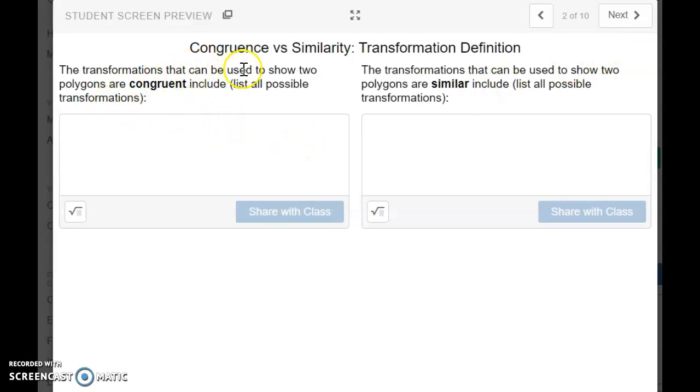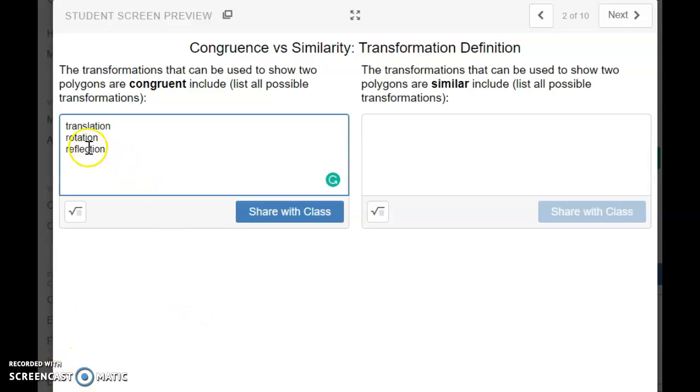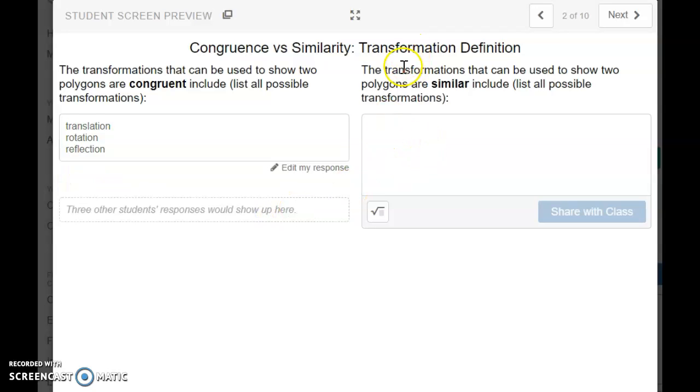Now, congruence versus similarity transformation definition. Transformation that can be used to show two polygons are congruent include, list all possible transformations. And those will be translation, rotation, and reflection. And then the transformation that can be used to show two polygons are similar.